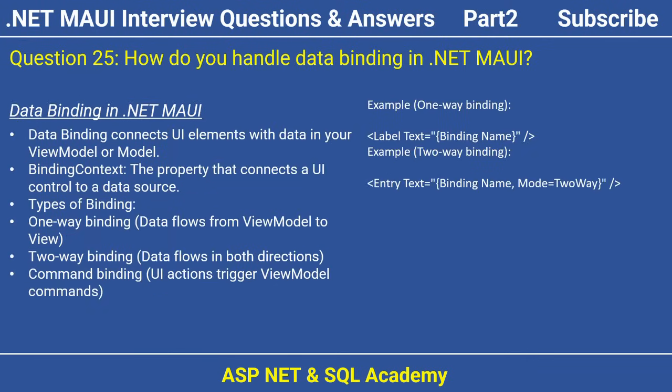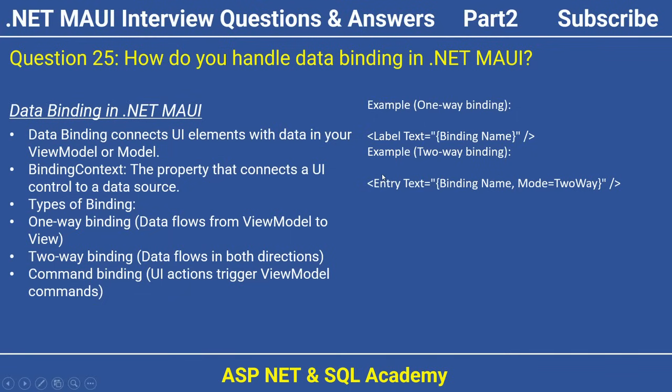In .NET MAUI, data binding is a powerful feature that connects your UI with your view model or model. This allows your application to reflect data changes automatically without needing to update the UI manually. You set the binding context of a page or control to the view model.